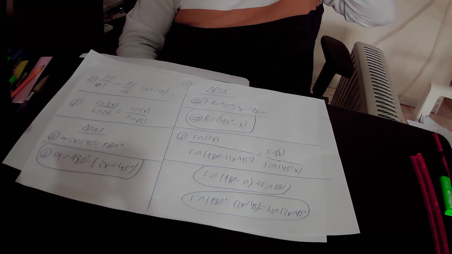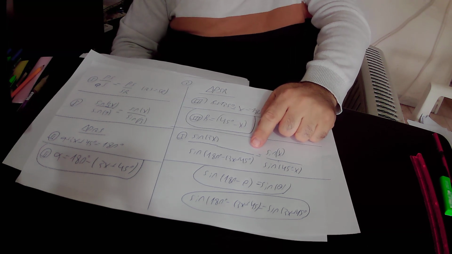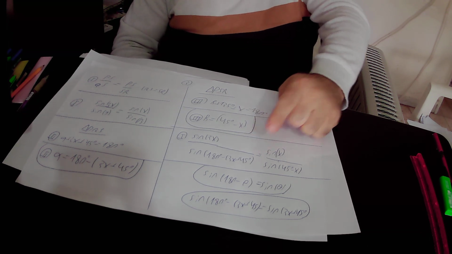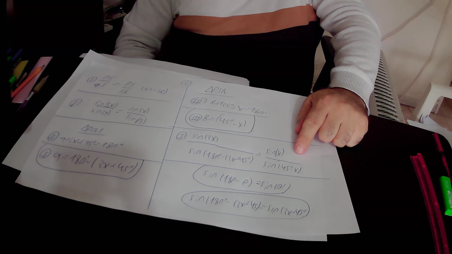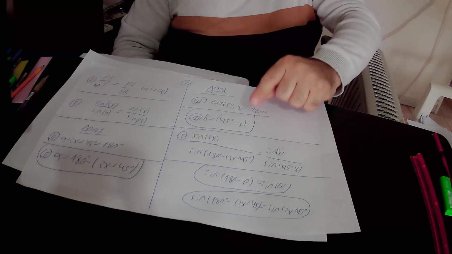We did it, and we got that sine 3x over sine alpha, where alpha is 180 degrees minus (3x plus 45 degrees), equals sine x over sine beta, and beta is 45 degrees minus x according to equation number 3.